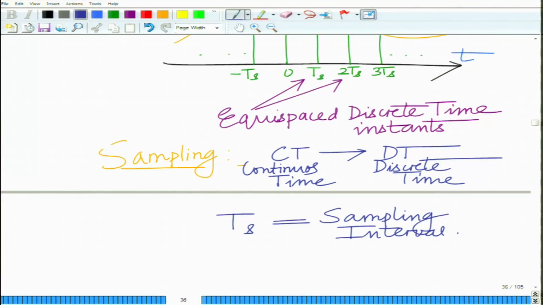And this is the first step. Sampling is basically the first step in the conversion of analog to digital.